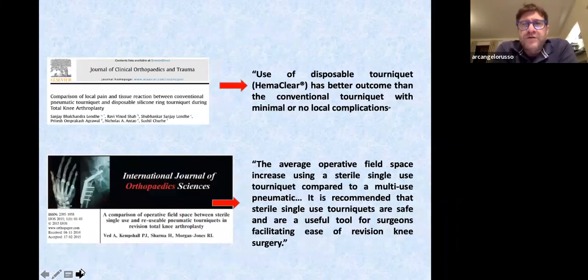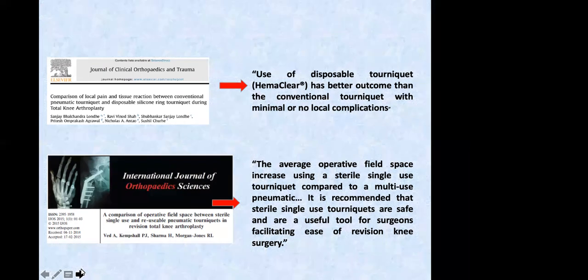Again, the use of a disposable tourniquet has better outcome than a conventional tourniquet with minimal or no local complication. And the average operative field space increases using a sterile single-use tourniquet compared to a multi-use pneumatic. It is recommended that sterile single-use tourniquets are safe and a useful tool for the surgeon, facilitating ease of revision.